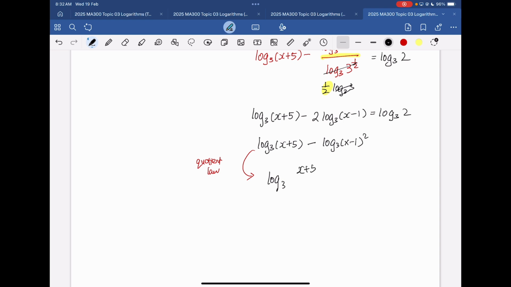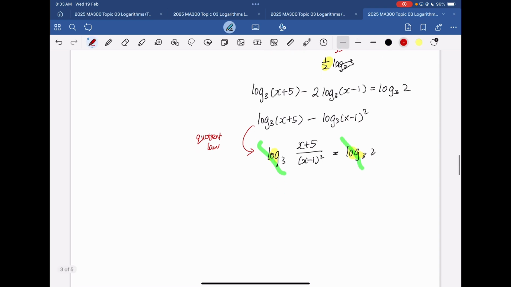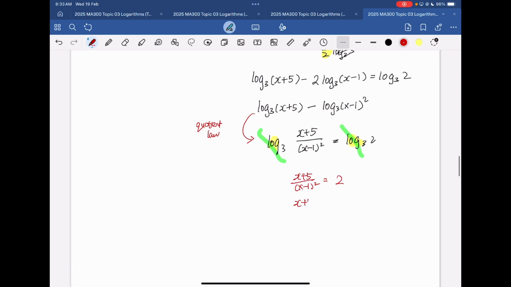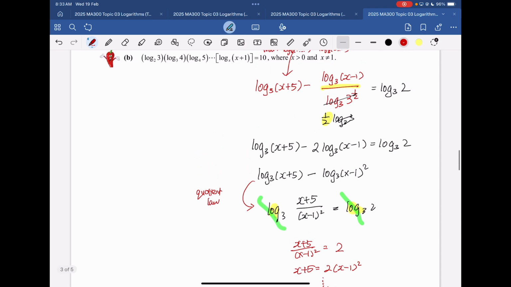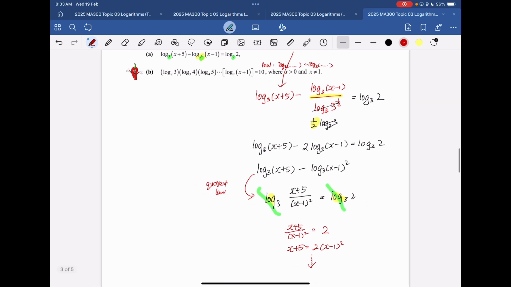You do not have to listen to me if you are comfortable doing it on your own. See, this is what I'm doing. I get 1 log equals 1 log. And what do I do next? I cancel out the log. Nice and easy. So this is x plus 5 over (x minus 1) squared equals 2. x plus 5 equals 2 bracket (x minus 1) squared. Solve. You should know what to do next. This is question 1A.